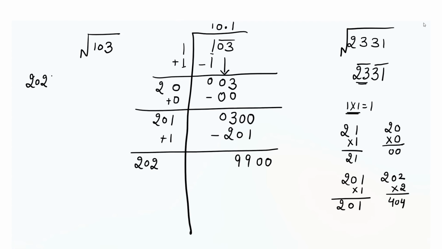Now we will multiply 2024 with 4 and you will see we'll get here 8096. So we write down here 8096. Here we write down 4. Here we write down 4. Then we will subtract it.